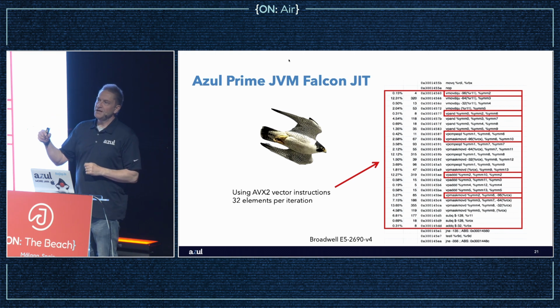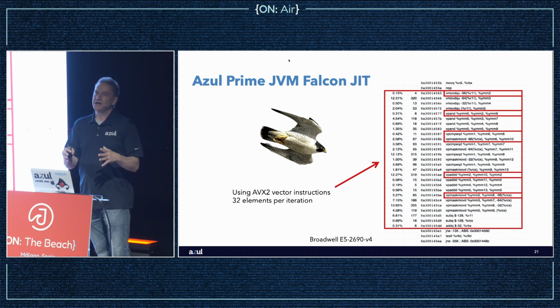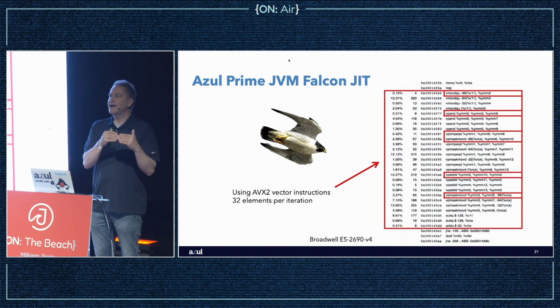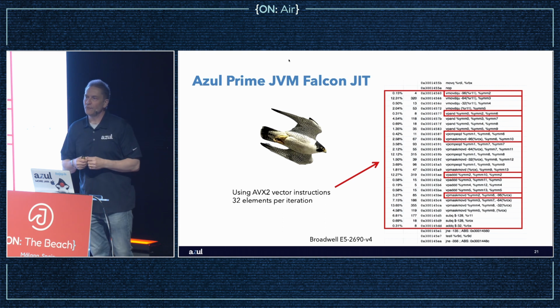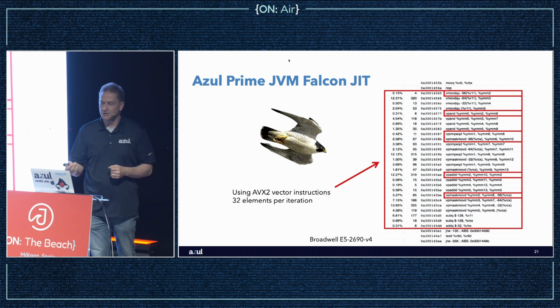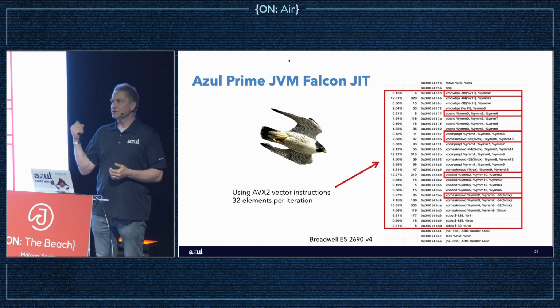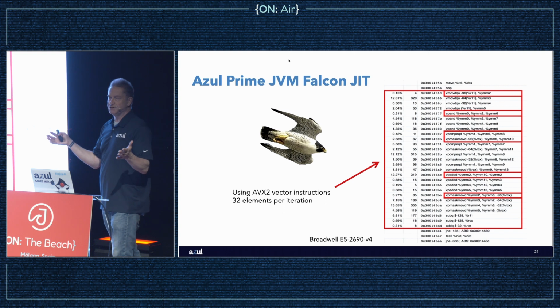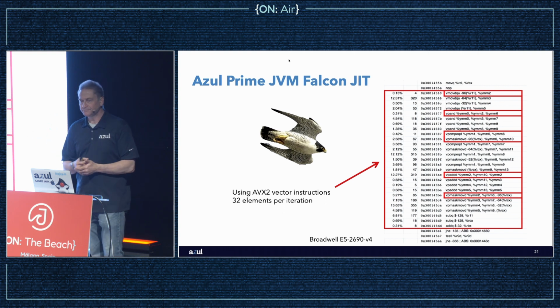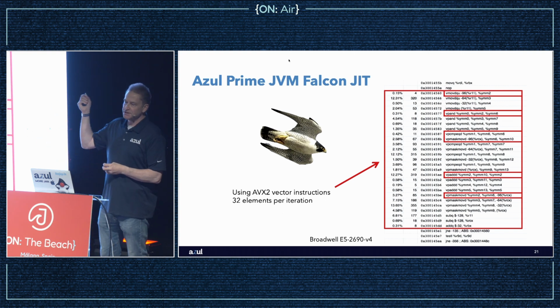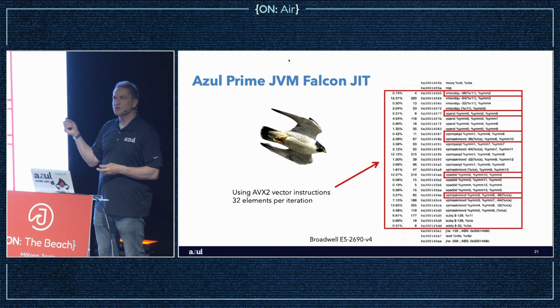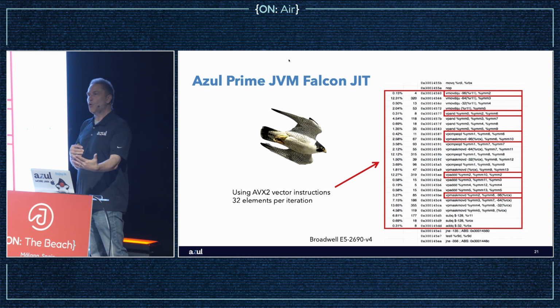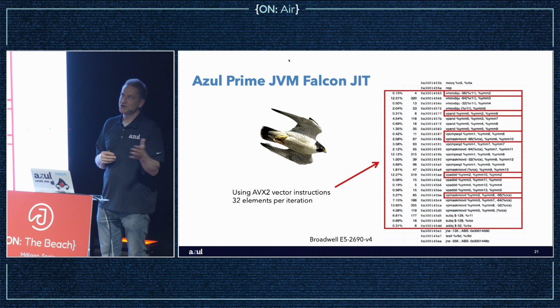What's happening here though is that we're able to recognize that the for loop can take advantage of very wide registers and vector instructions. On the particular machine that we were using to do this test, it was using AVX2 instructions, 256-bit wide registers. The other thing is that in terms of the small red boxes, we're actually doing 4 elements per iteration of the loop.